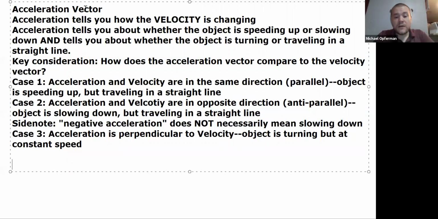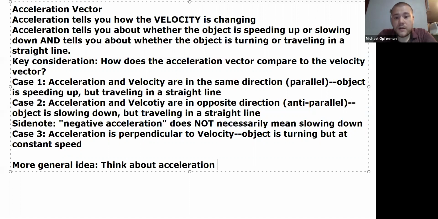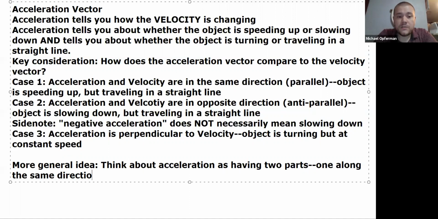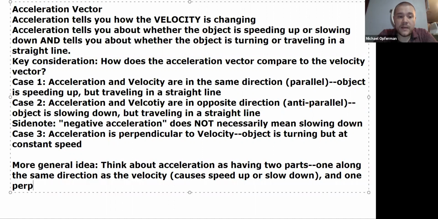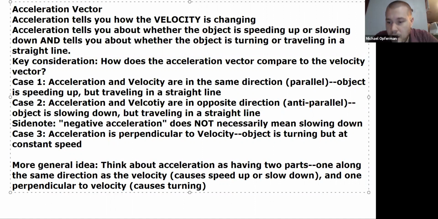So, more general idea, if you want to get a little bit more sophisticated than this, think about the acceleration as having two parts. One along the same direction as the velocity, and this one causes the speed up or slow down, and one perpendicular to the velocity, and this causes the turning of the object.